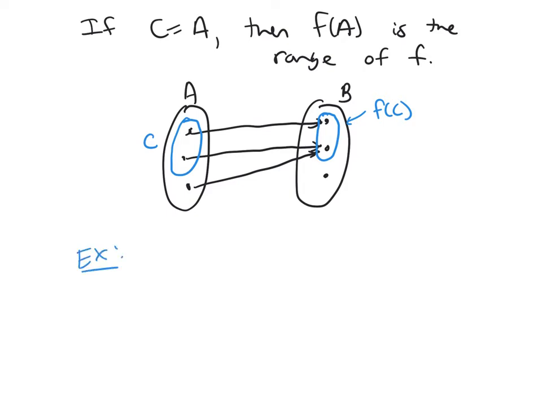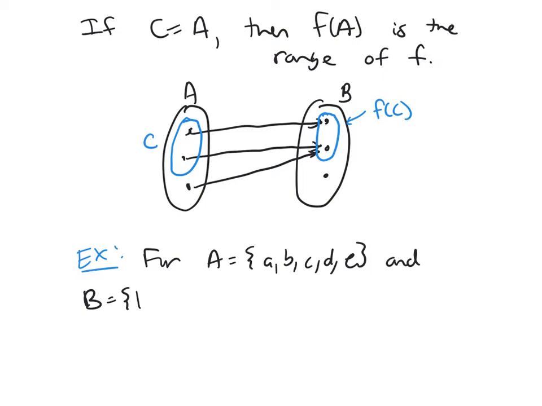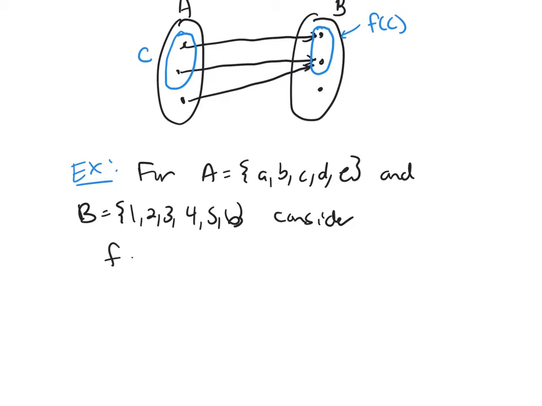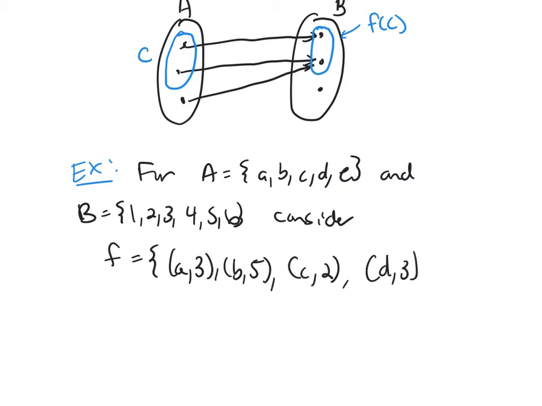For the set A, which is a, b, c, d, and e, and the set B, which is going to be the numbers 1, 2, 3, 4, 5, and 6, consider f, which is going to be (a,3), (b,5), (c,2), (d,3), and (e,6).